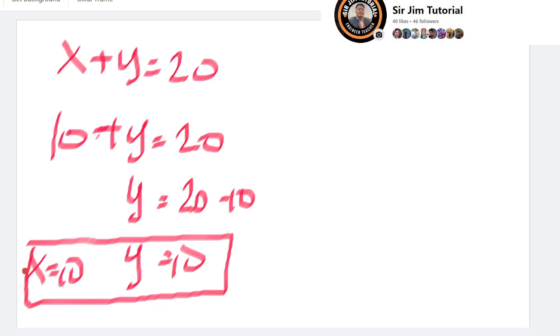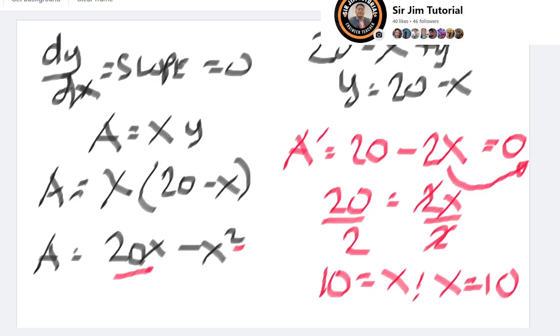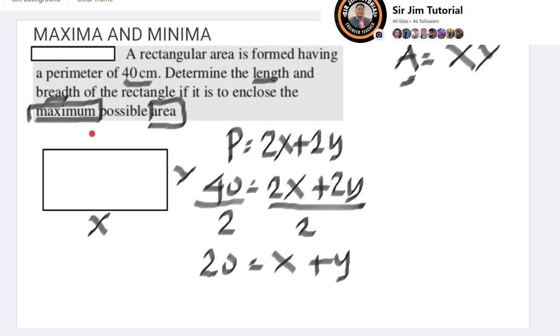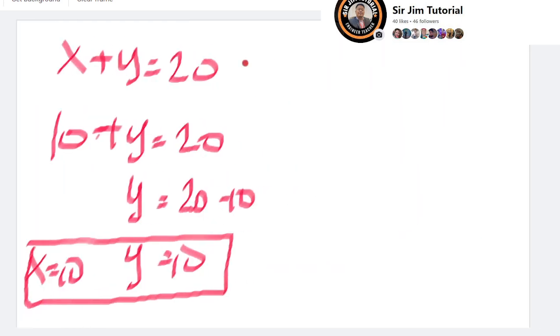From this question, this is the maximum possible area that will give us this perimeter of 40. In other words, the maximum possible area is coming from a square. So it's the efficient one.